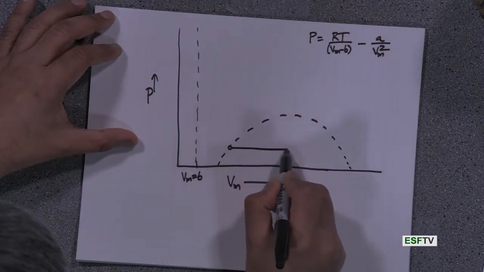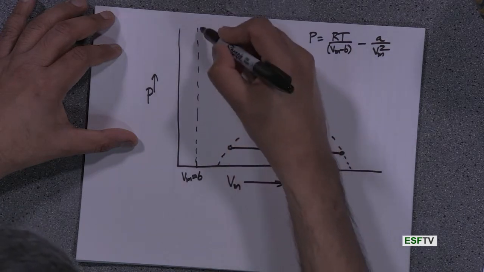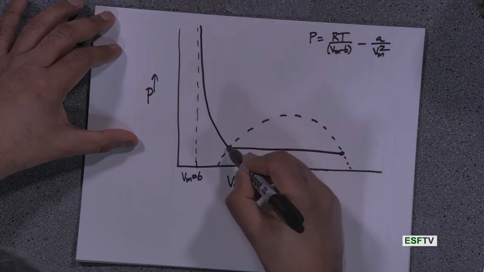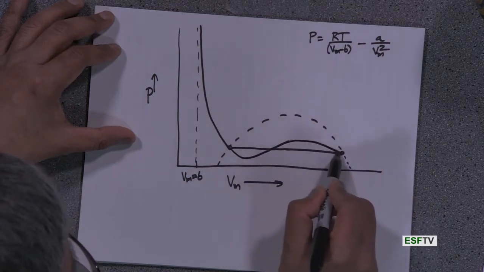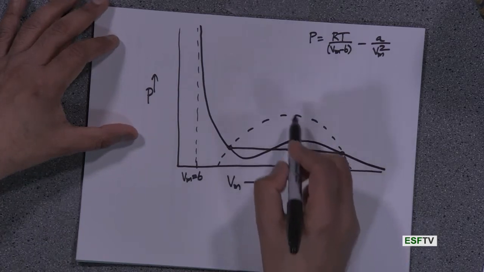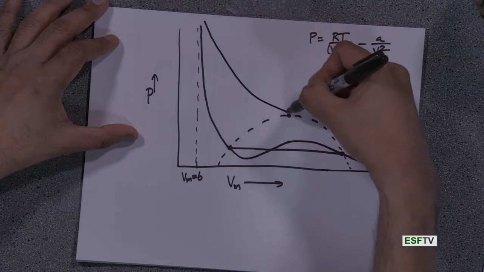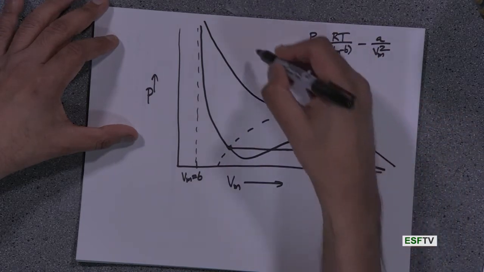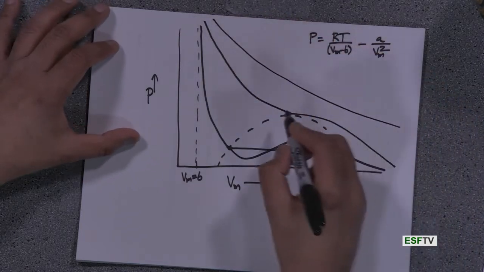For a really low temperature, that's what the real gas would look like. The van der Waals equation of state isotherm is going to look something like this. At the critical temperature, what we have is instead something like this, and at a high enough temperature we see this.